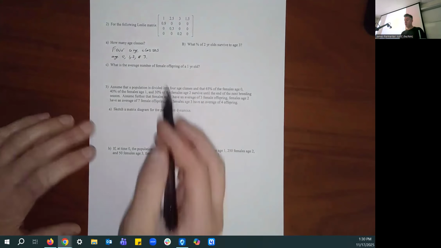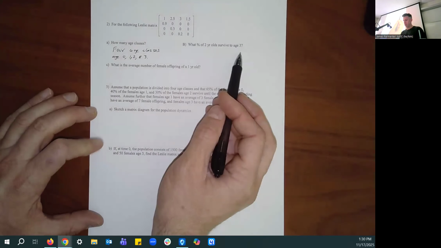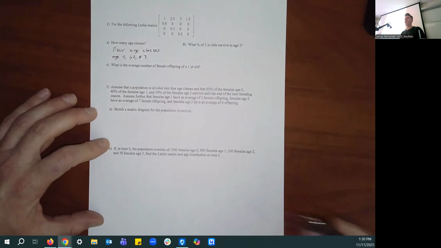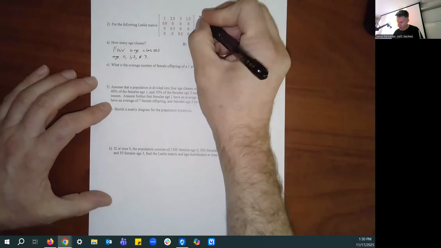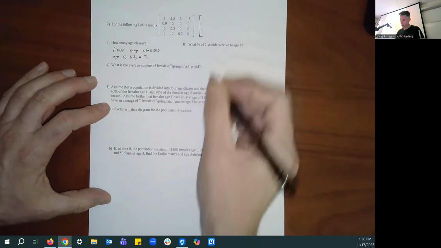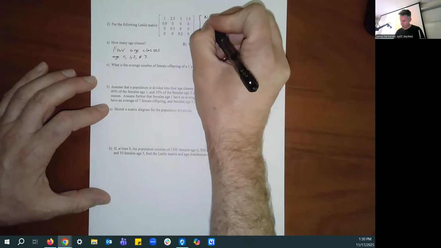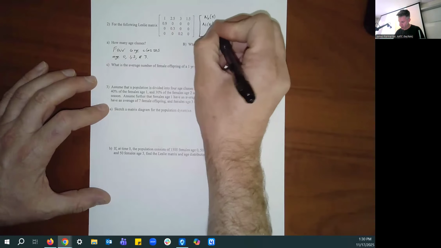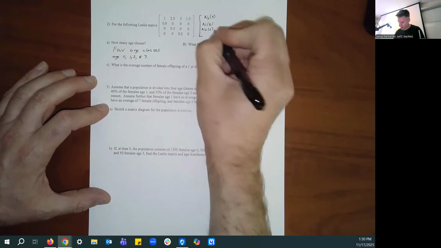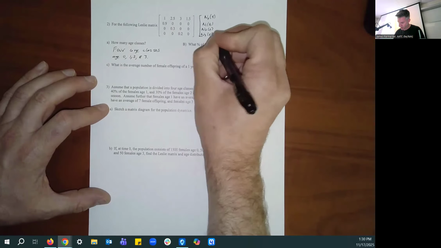So I have a hard time reading this information off the matrix without writing down the multiplication. Like I can't see it unless I say, okay, I'm going to be multiplying by the number of 0-year-olds at time t, the number of 1-year-olds at time t, the number of 2-year-olds at time t, the number of 3-year-olds at time t.